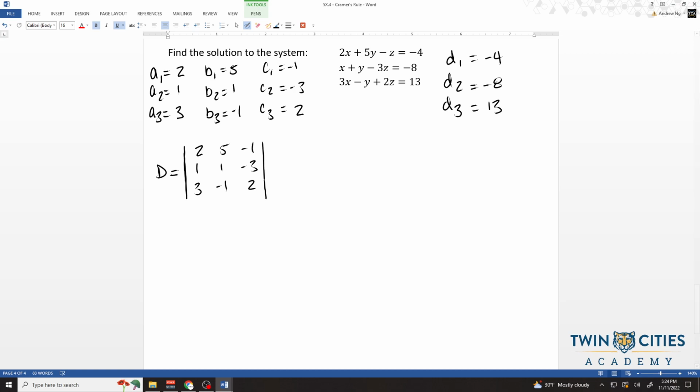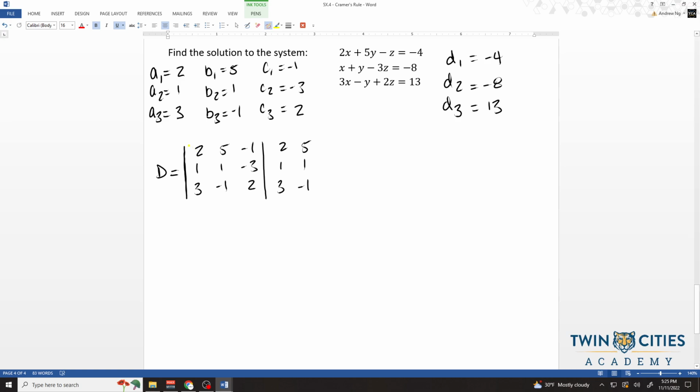To find this determinant, I'm going to copy my first 2 columns over here. So that's going to be copying 2, 1, 3, and 5, 1, negative 1.